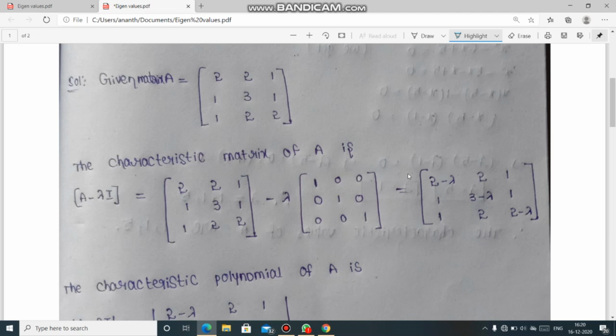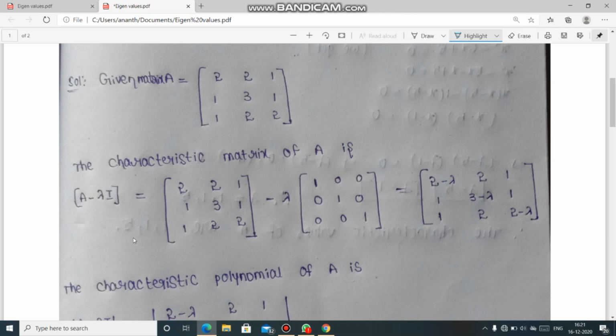This gives 2 minus lambda, 2, 1; 1, 3 minus lambda, 1; 1, 2, 2 minus lambda. So we get the characteristic matrix of A as [2-λ 2 1; 1 3-λ 1; 1 2 2-λ].